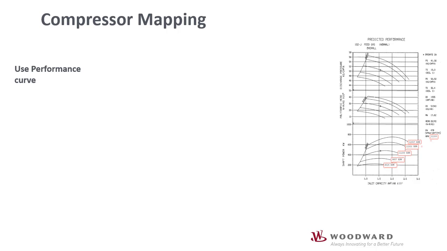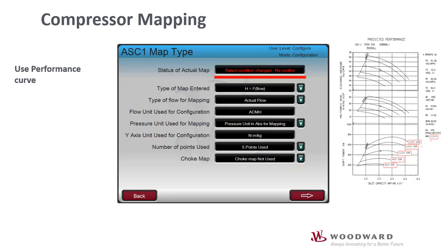We are going to use the performance map, as you can see on your right-hand side. Refer to the first screen. The first is the status of the actual map, which is for status display purposes. Type of map entered: the most common is polytropic head versus flow, the center one, this one. So we are going to use this map type.